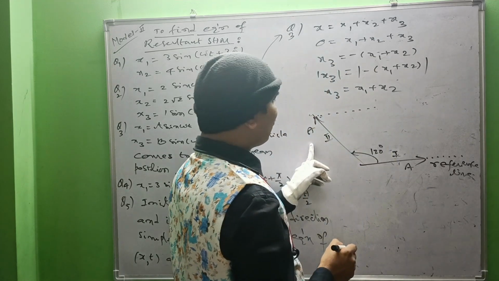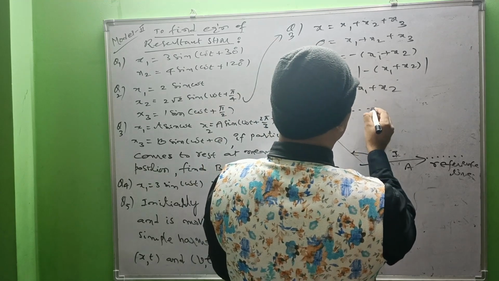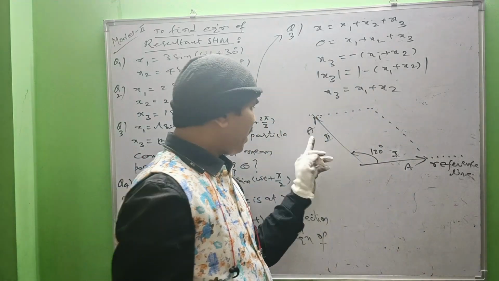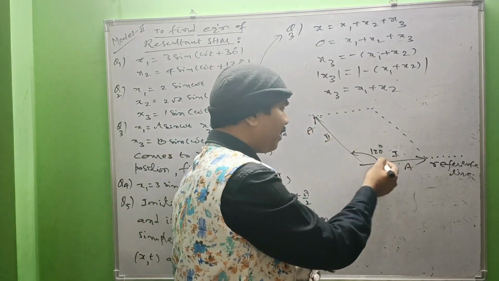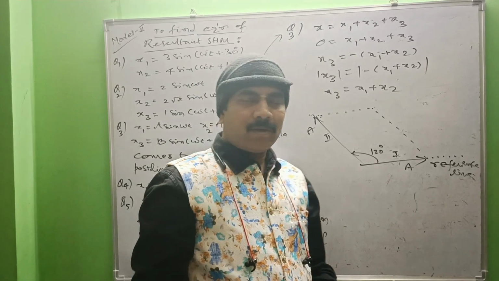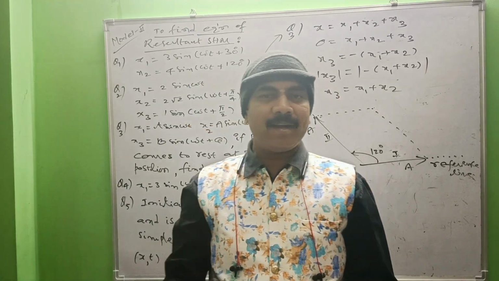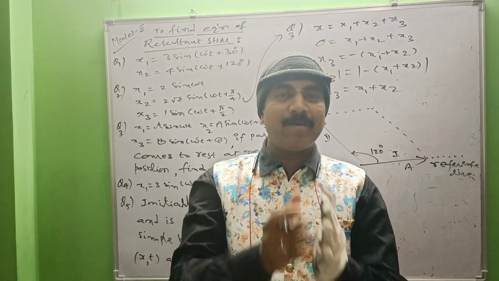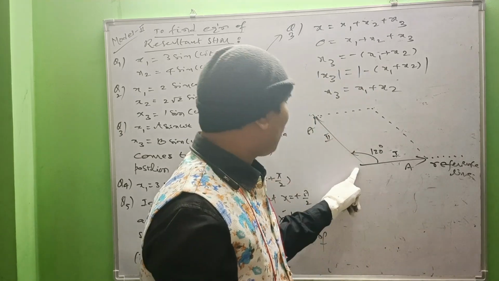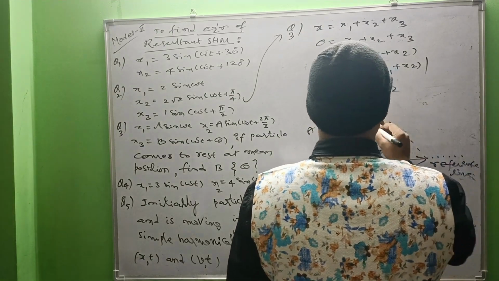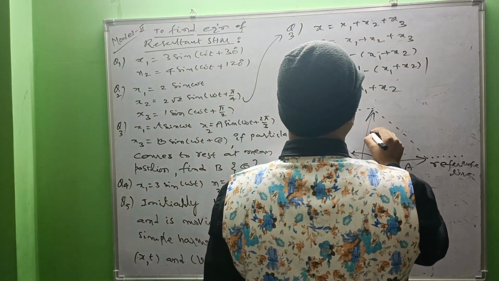Now these two are of the same magnitude, here it is A, here also A. The angle is 120. Definitely the resultant bisects. When two vectors of the same magnitude are inclined, the resultant bisects from the common point. So the resultant bisects like this. So this is x1 plus x2.